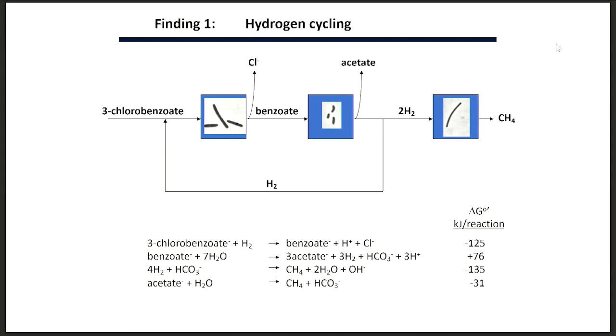And then it dawned on us that hydrogen was actually used for the reductive dechlorination. So part of the hydrogen that was produced by the benzoate degrader was basically recycled to the 3-chlorobenzoate degrader. So it was interfering and interplaying with the hydrogenotrophic methanogen.